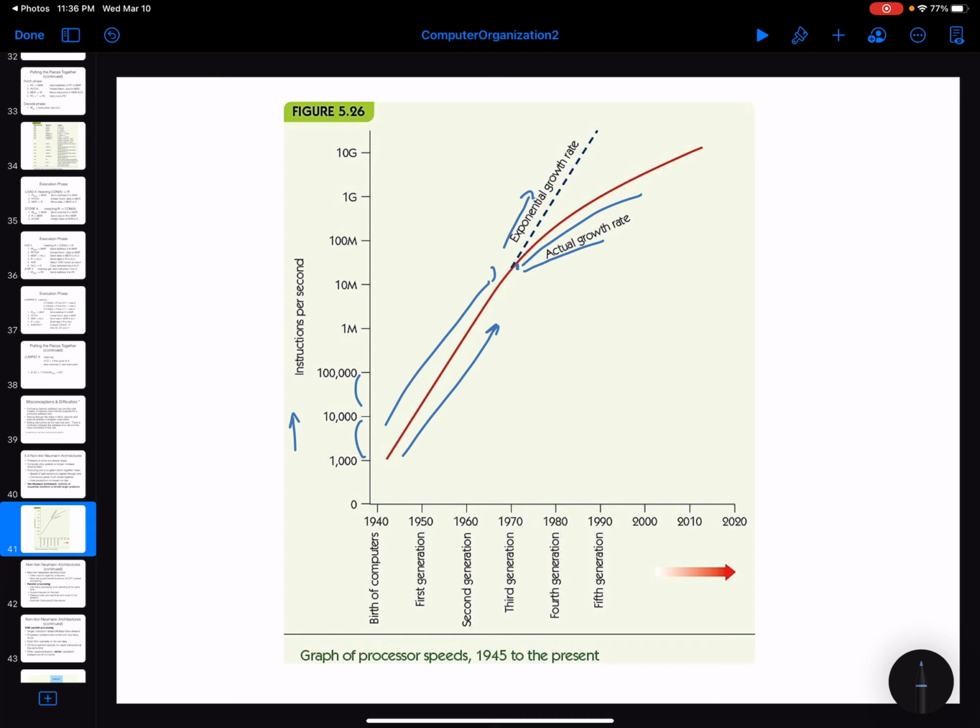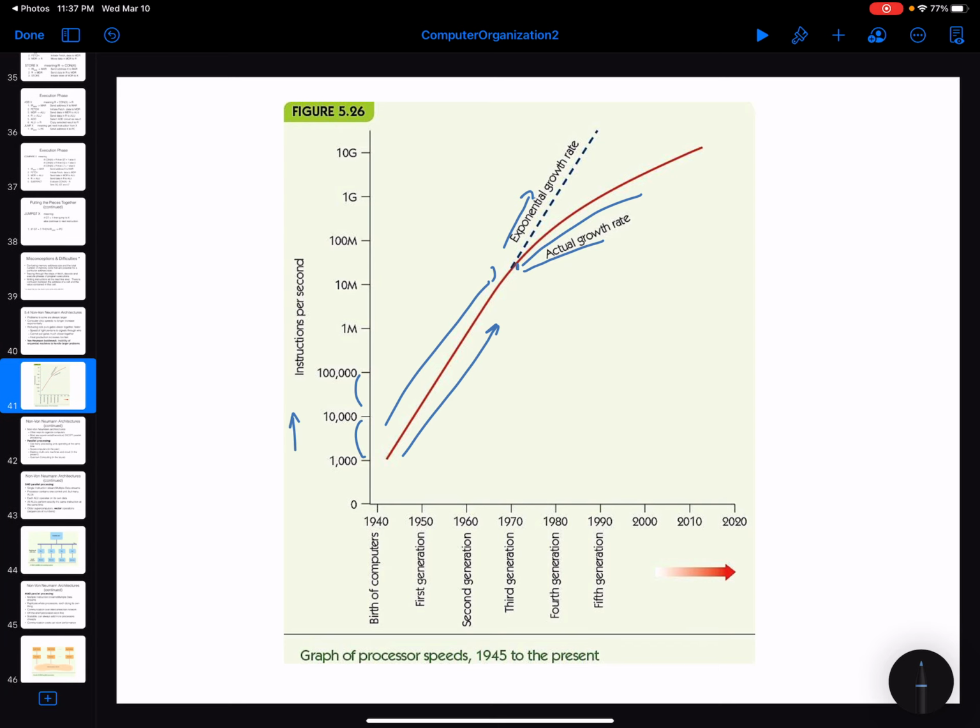Maybe the time for the von Neumann architecture is over, and we need to design computers that work in a different way. Remember, what was the characteristic of von Neumann architecture? That it executes the instructions, the programs, in a sequential way. So people started thinking about different ways to execute the programs.